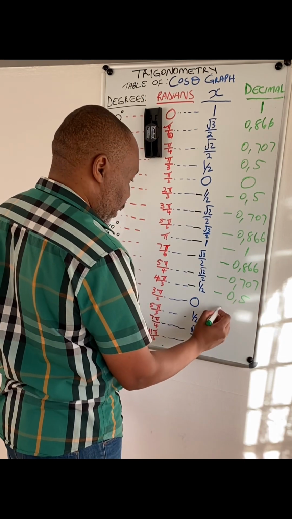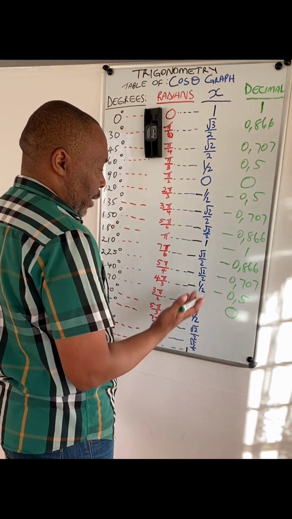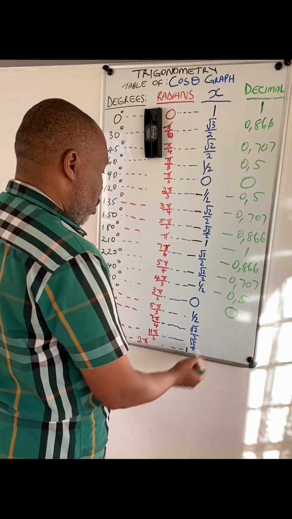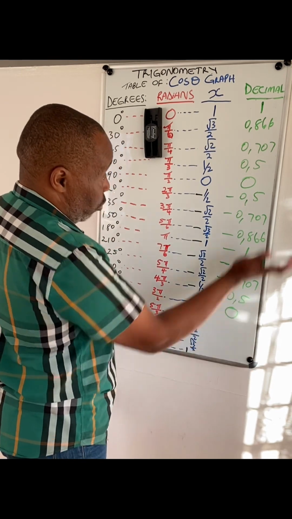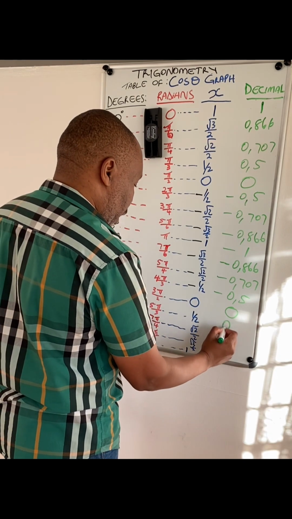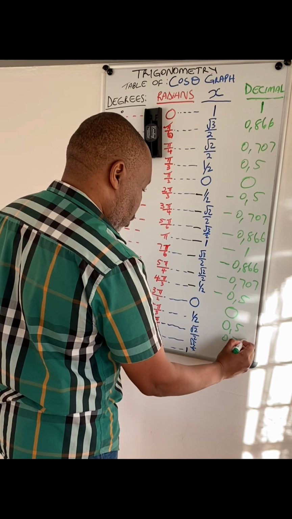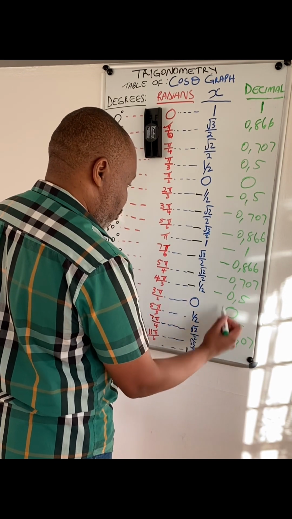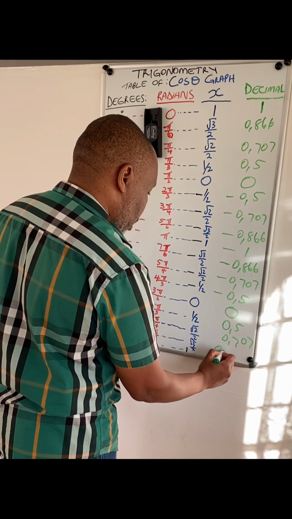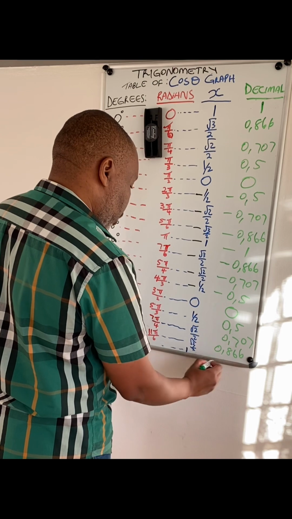At 270 it is definitely 0, and that's how we put a 0. There is no point form of 0. And then above 0, because it's going up now, it becomes 0.5, then 0.707, then 0.866, and at the bottom it's 1.